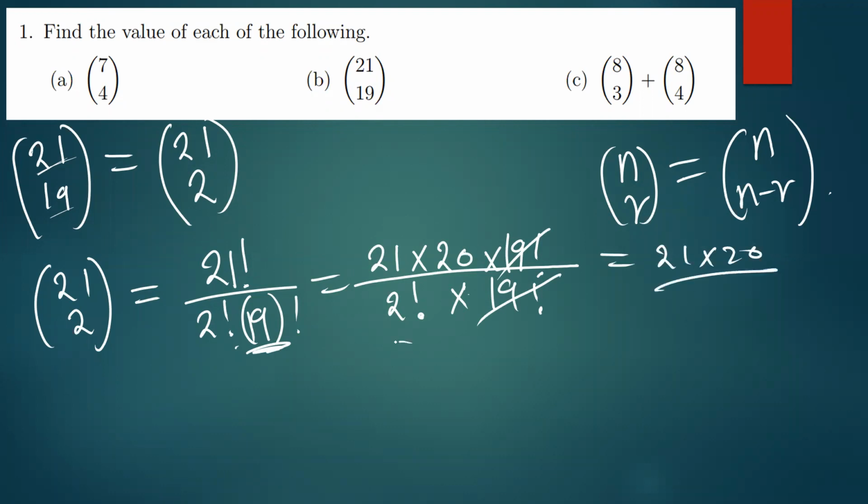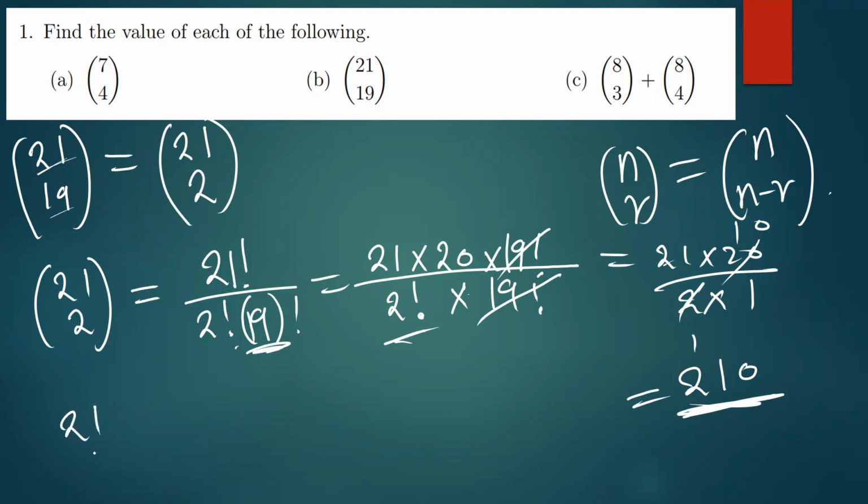Then down there, 2 factorial is simply 2 times 1. So 2 there, 1, 2 there, 10. So 21 times 10, the answer is 210. So the solution to 21 choose 19 is simply equal to 210.